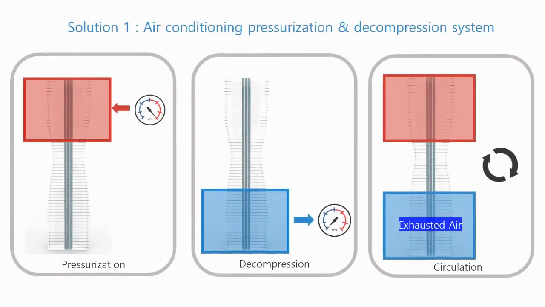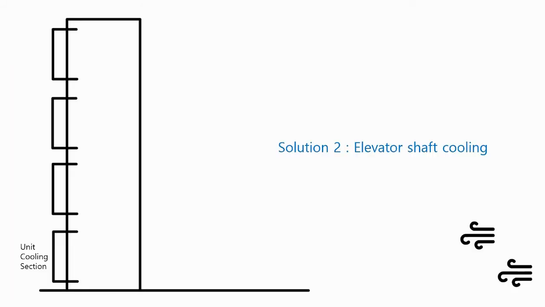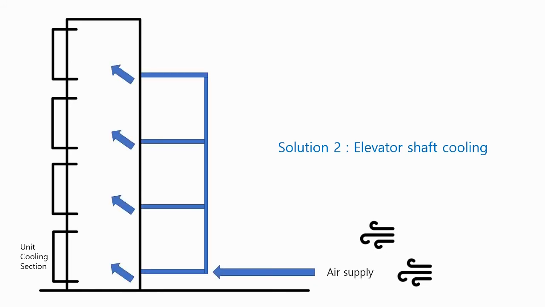The first method to solve this problem is the air conditioning pressurization and decompression system. The main characteristic of this method is that the air is supplied and exhausted per unit cooling section.